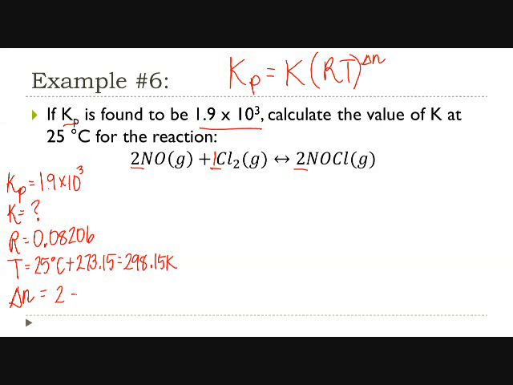Minus, now I'm going to put it in parentheses so I know these are both my reactants. We got 2 in front of the NO, plus there's nothing there, so implied 1 in front of the Cl2. So really, we're going to take 2 minus 3 and get a negative 1 as the exponent for the change in N.